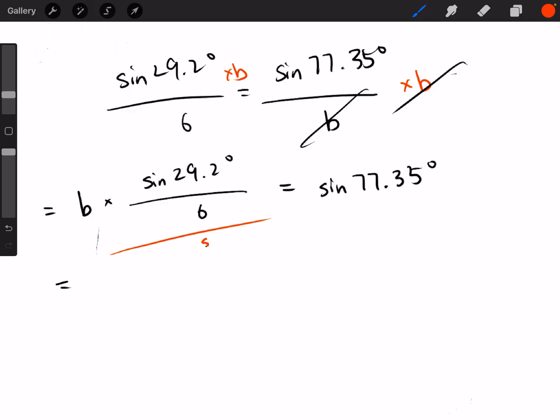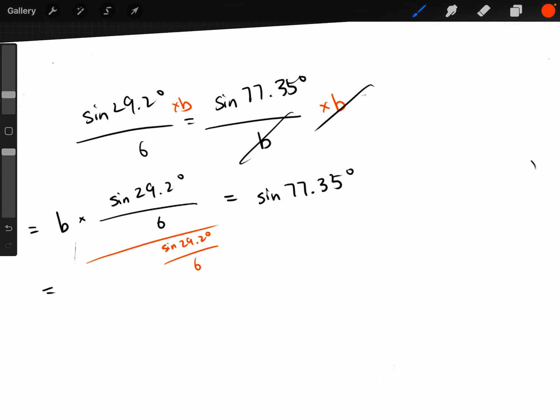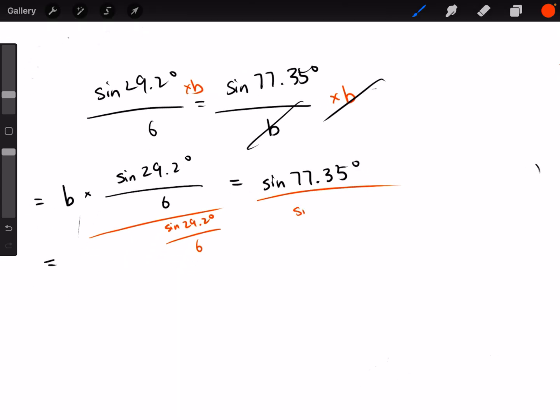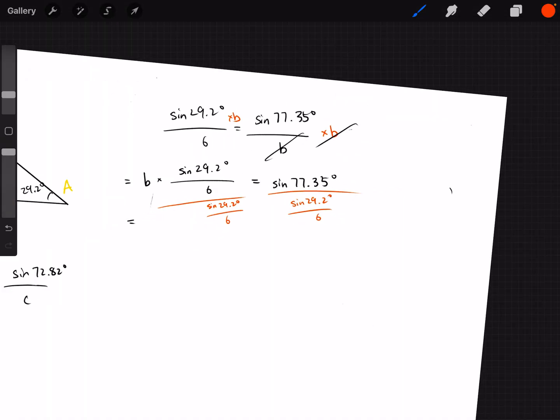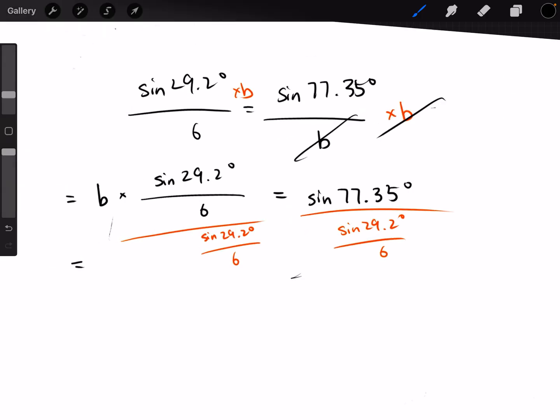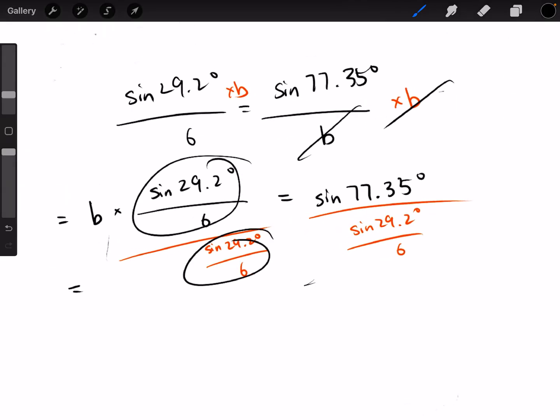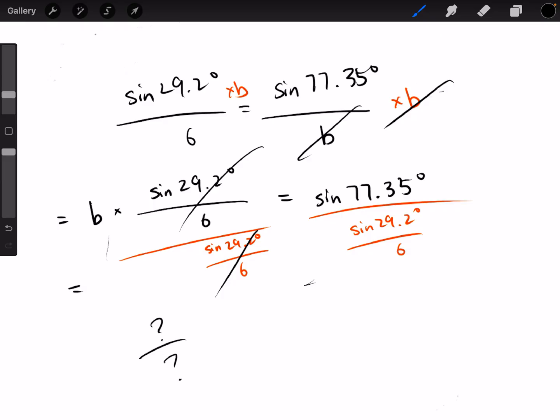Divide this side by sine 29.2 degrees over 6, and this side by sine 29.2 degrees over 6. This whole thing divided by this whole thing cancels out because they're the same thing, right? Something divided by itself is 1.